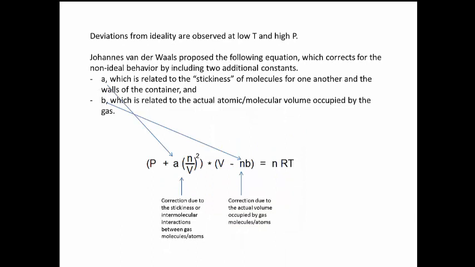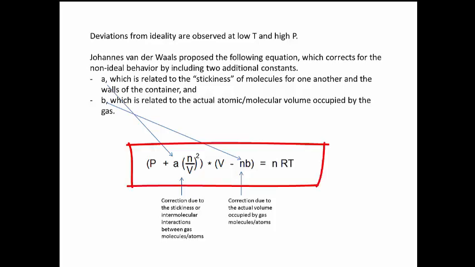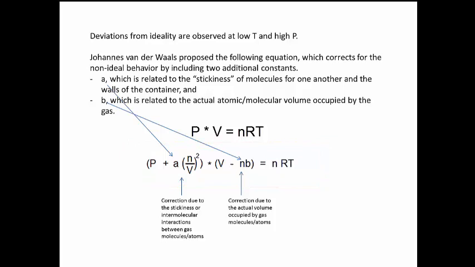A person named Johannes van der Waals proposed the following equation, which corrects for this non-ideal behavior by including 2 additional constants, which we will call a and b. Now, let's look at the equation below. This is PV equals nRT, but in that first parenthesis, the pressure has a term, a constant a, which we'll come back to, times the quantity n, that's the moles of gas, divided by the volume, that ratio squared, so a times n divided by V, quantity squared.